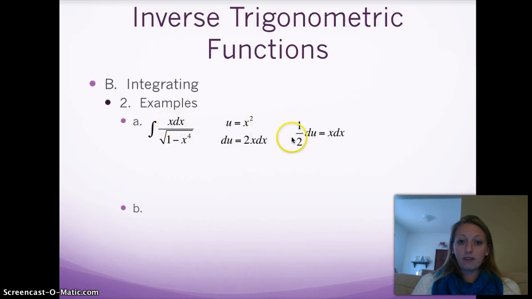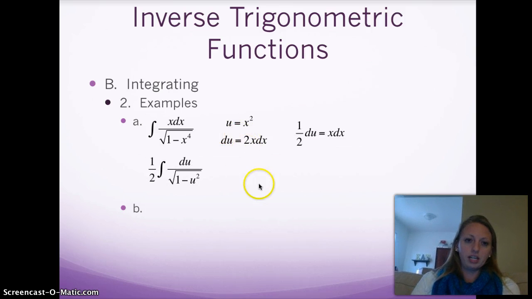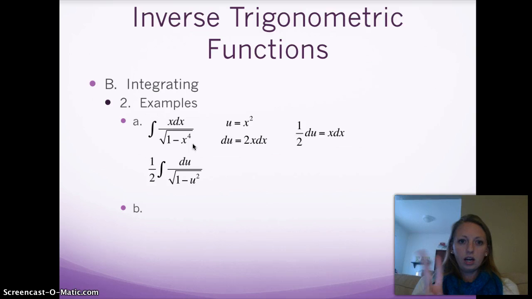I'm going to have over 2. And u equals x squared. So how many x squareds are down here? There's 2, because we have x to the 4th. So I'm going to have u squared. These x's right here and right here cancel, which leaves me with just this 1/2. I replace u equals x squared, but x to the 4th has 2.